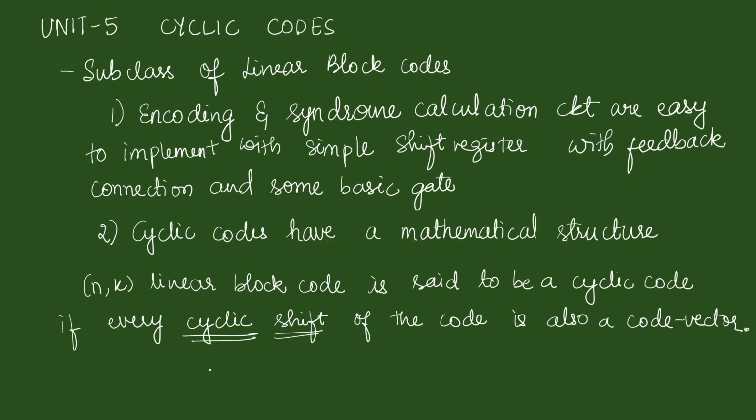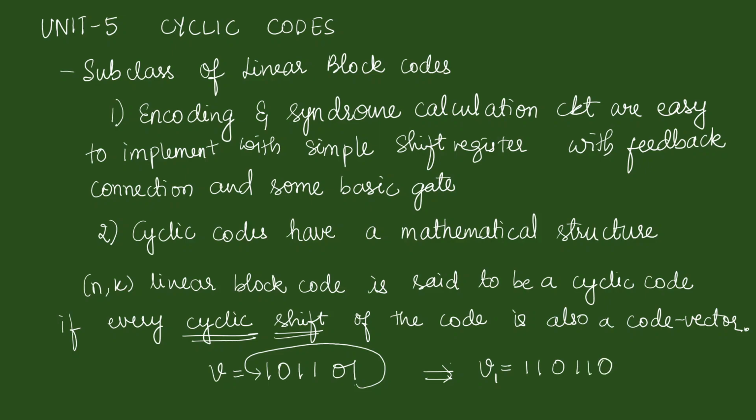So what does that mean? Assume that I have a code vector 101101, for example, a 6-bit code word. If I do a cyclic shift, that means the last bit is shifted to the beginning of the code word. I'll name this transformed version v1, because it is shifted by one position. In that case your code word will be 110110.